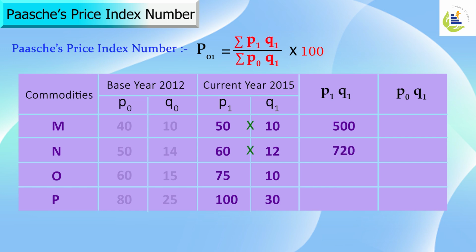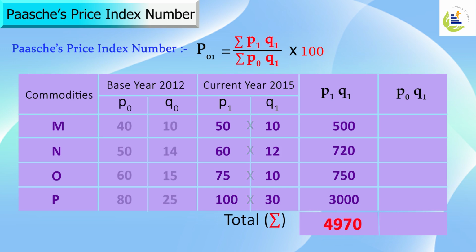For O, it is 75 into 10, 750. And for P, it is 100 into 30, 3000. If I simply add these values, the summation of P1 Q1 becomes 4970.